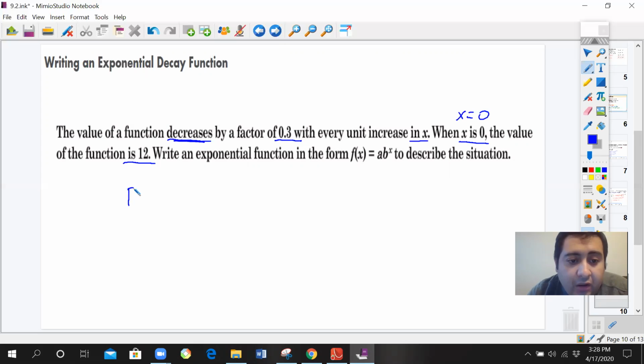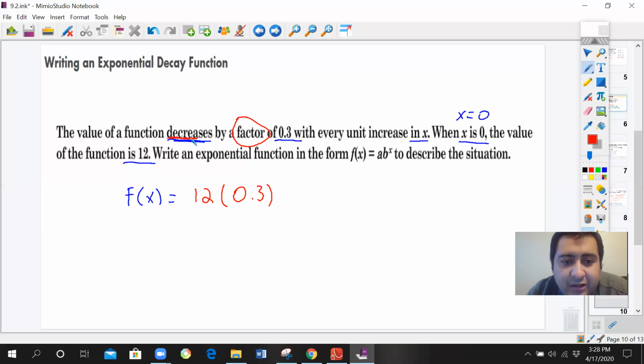We just need to put it as an equation, basically. So if we start off with f of x, our value of the function, 12, this is your initial 12. So since you're going to start with 12, that's going to be your a. Whenever there's a factor, it means a multiplication. It means that you're going to multiply this by 0.3.